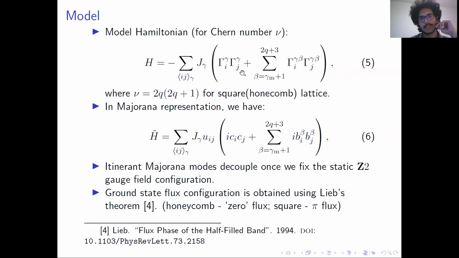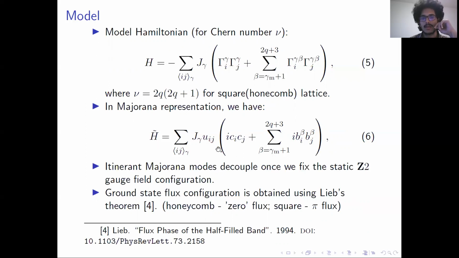So this is our model Hamiltonian using gamma matrices, and it's for Chern number nu. Not getting into the details here, but if you do the Majorana representation, or Majorana mapping, you see that there are itinerant Majorana modes coupled to the same Z2 gauge field, and it's static in the sense that it commutes with H tilde.